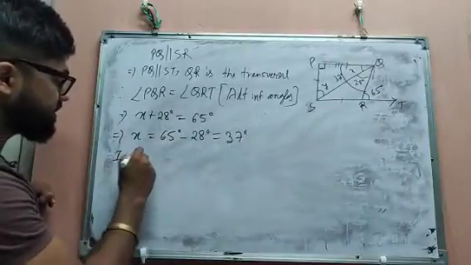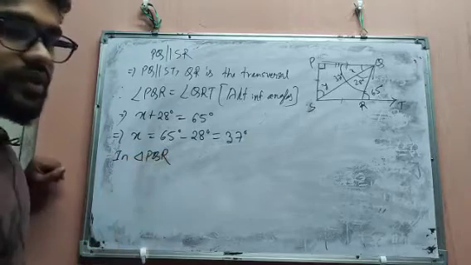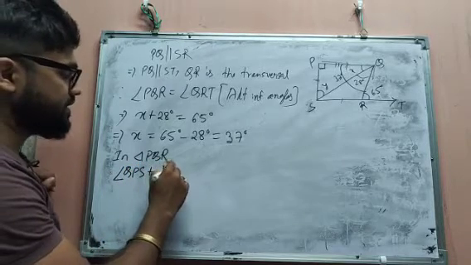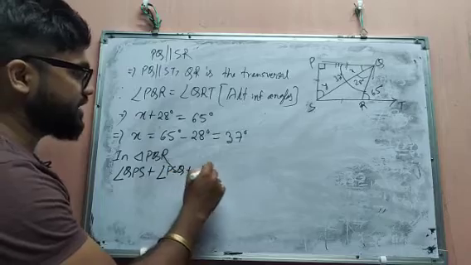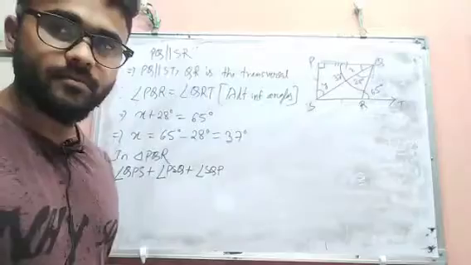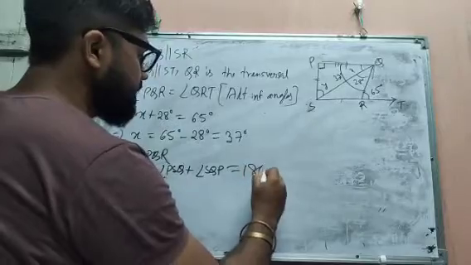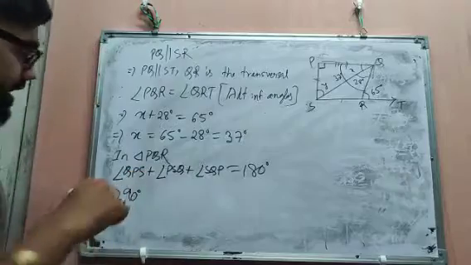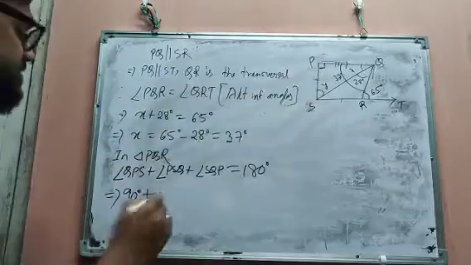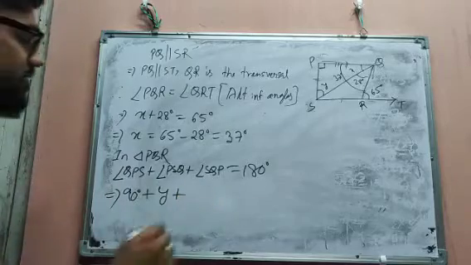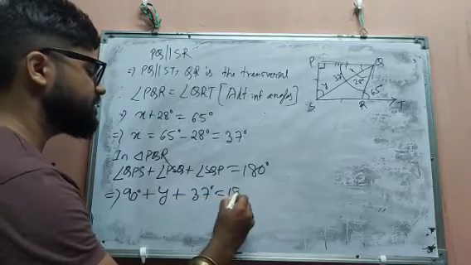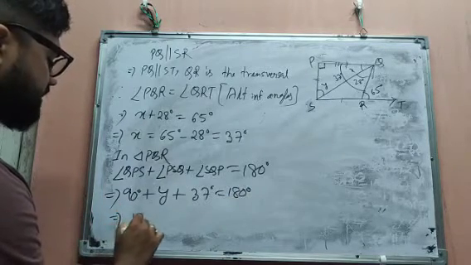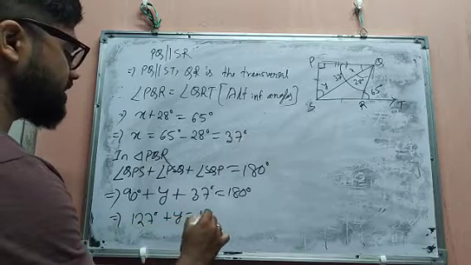So in triangle PQR, angle QPS plus angle PSQ plus angle SQP equals 180 degrees. QPS is 90 degrees, PSQ is Y, and SQP is 37 degrees. Calculating, 90 plus 37, 127 degrees, plus Y equals 180 degrees.